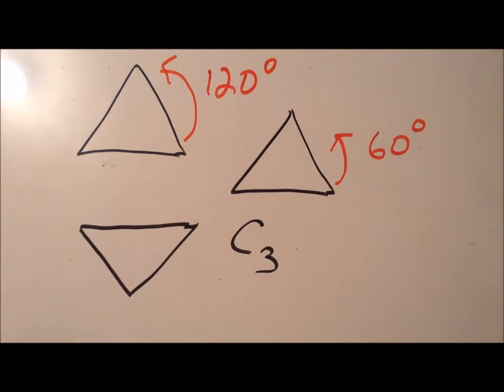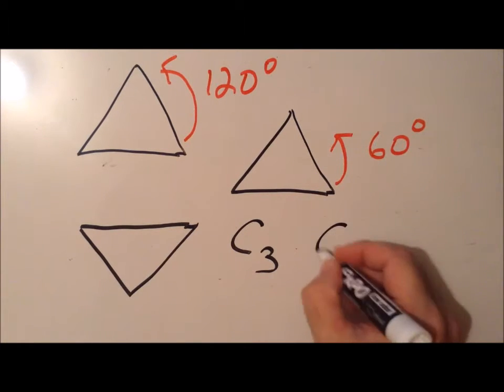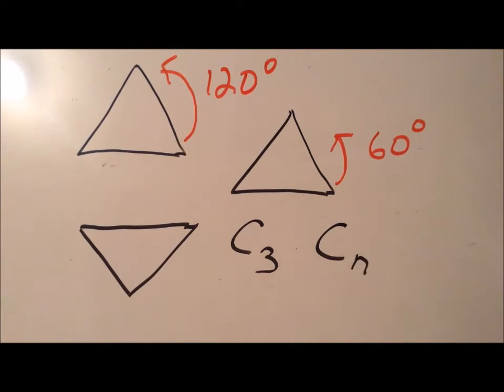Another, more general way to write it is to notice that if I have a Cn rotation, where n will be a whole number, an integer, the rotation will be by 360 degrees divided by n.